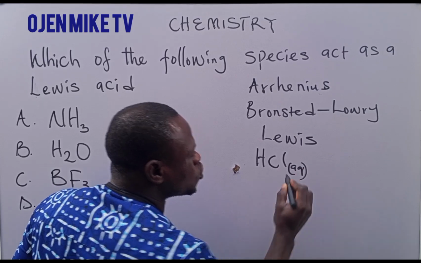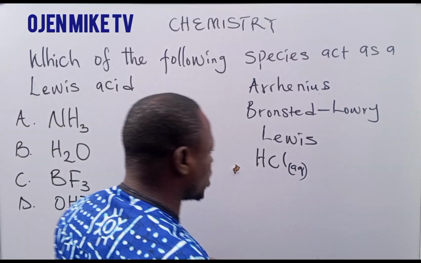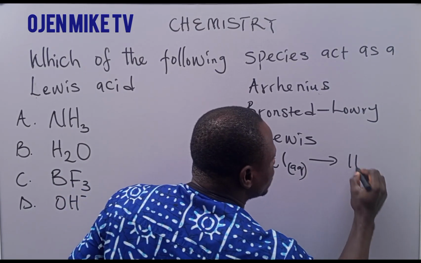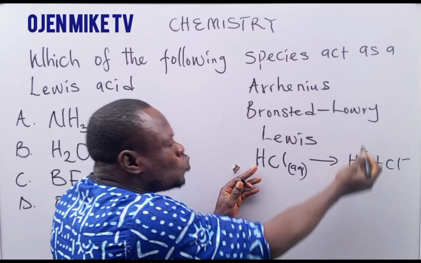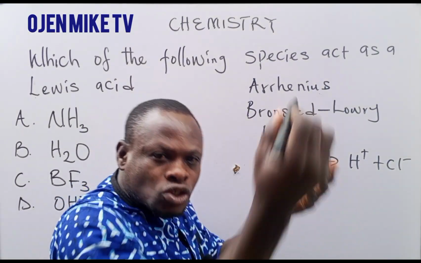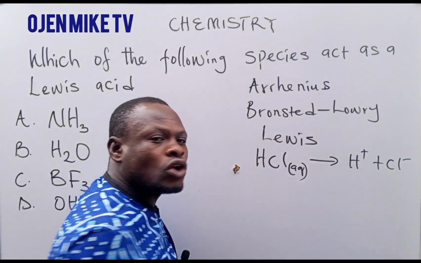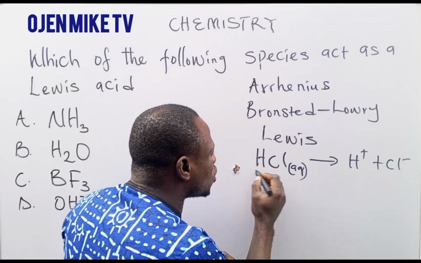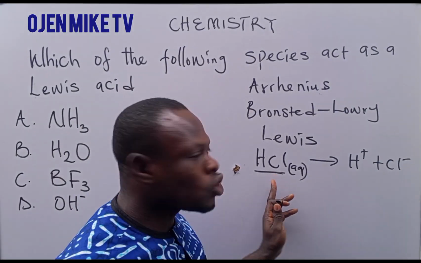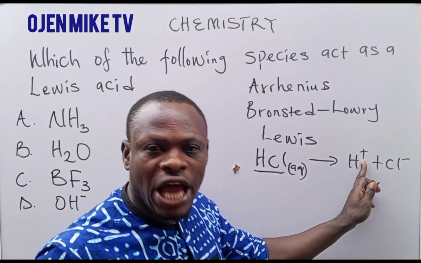In aqueous solution, in water, it produces hydrogen ion plus Cl minus. So a substance which, when dissolved in water, produces a hydrogen ion is what we call an acid, according to Arrhenius.